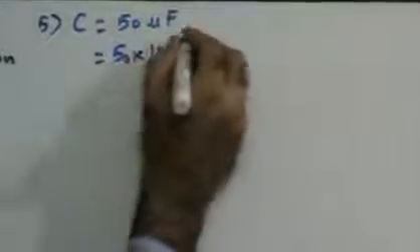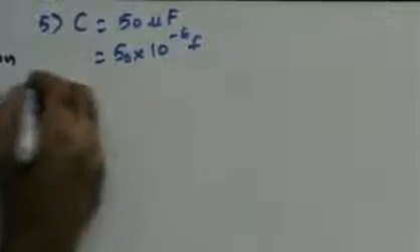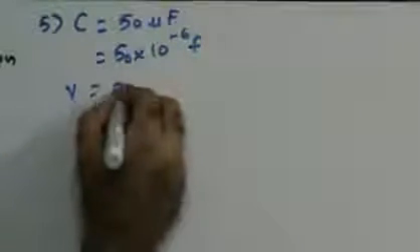Right? Take on next up please. An air capacitor has a capacity of 50 microfarad and a potential of 200 volts.